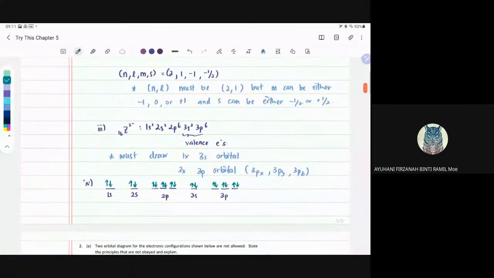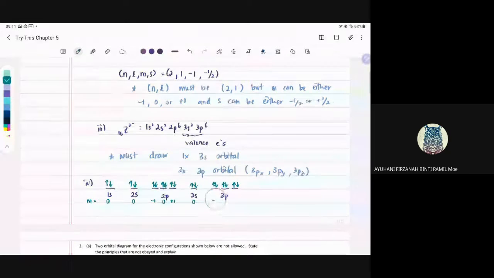Jadi kalau kita tengok dekat sini, 1s ini, M dia sama dengan kosong. Sebab kalau 1s kita, S adalah L sama dengan kosong. Jadi M dia mesti kosong. Yang ni pun sama juga, kosong juga. Manakala yang ini ada negatif 1, kosong, positif 1. Manakala yang 3S dekat sini, nilai dia kosong juga.